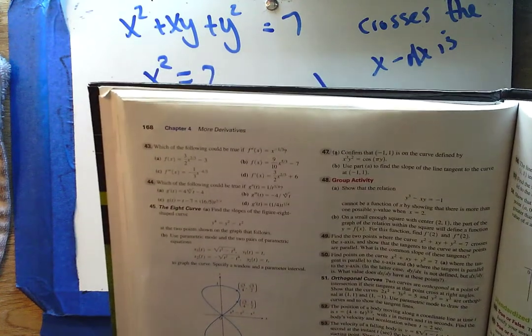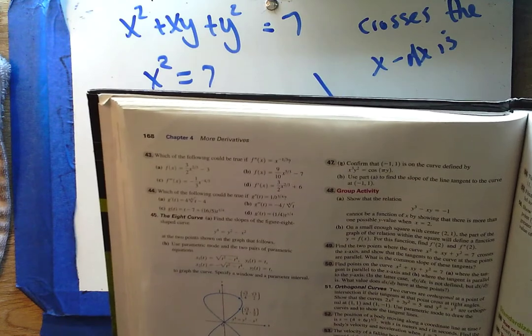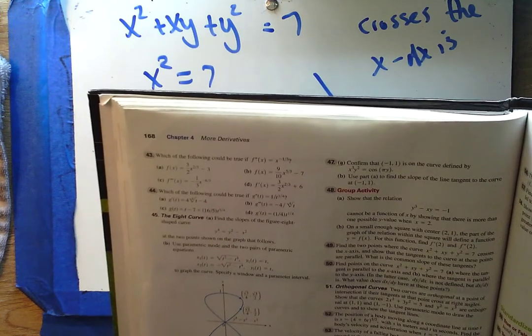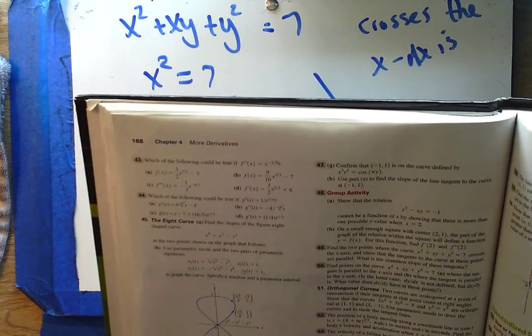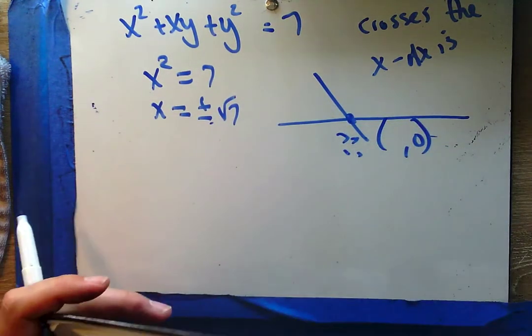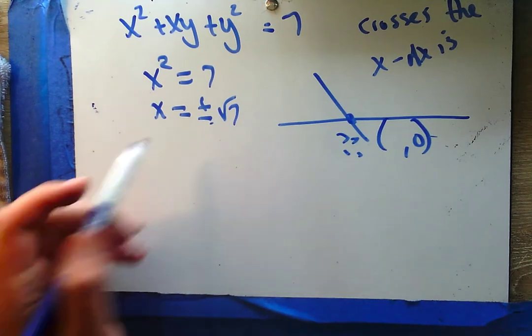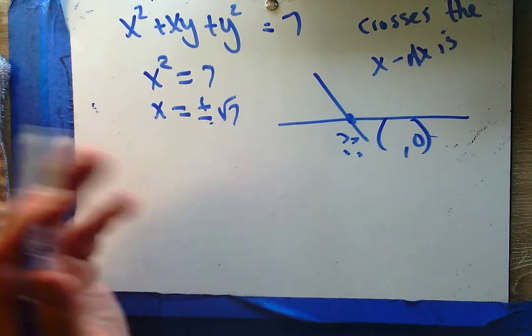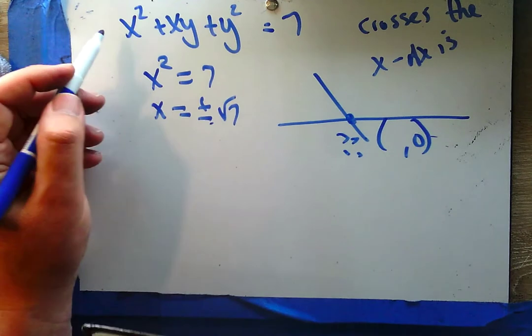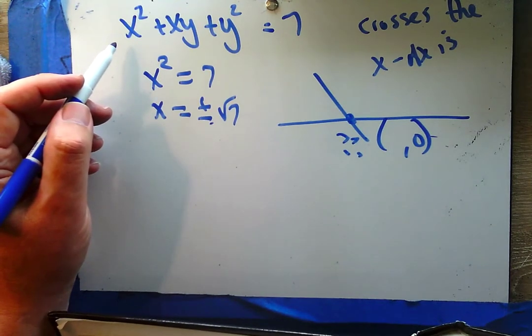All right, so it says crosses the x-axis and show that the tangents to the curve at these points are parallel. So the tangent lines are parallel, which means the slope of the tangent lines at these 2 different points are going to be the same number. Well, let's find out what dy dx is here.